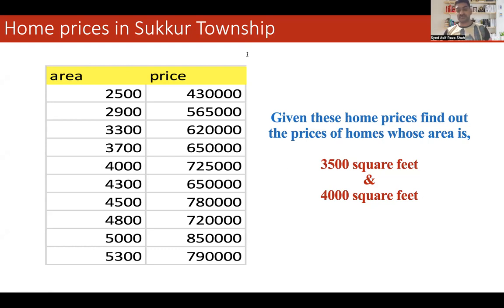We have some information about their area and price. Based on this data, I will build a machine learning model that can tell me the price of homes, let's suppose 3,500 square feet or 4,000 square feet.